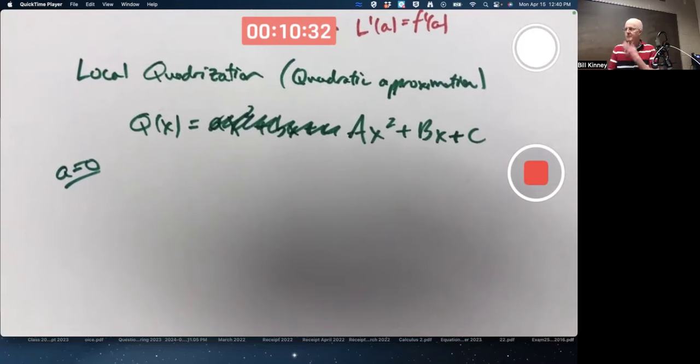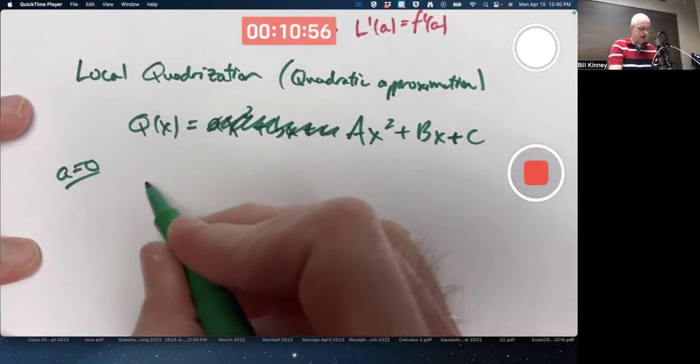What I'd like to do is match up the value of Q at 0 with the value of f there, the value of the derivative of Q at 0 with the value of the derivative of f, and the value of the second derivative of Q at 0 with the value of the second derivative of f at 0.